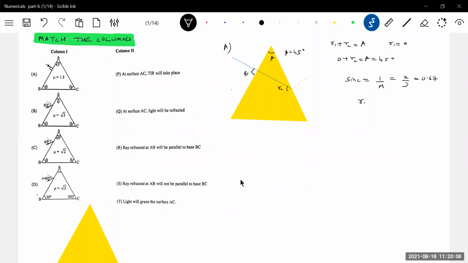Definitely the angle R2 is greater than the critical angle, because 1 by root 2 is greater than 0.67, so the critical angle will be less than 45 degrees, but the incident angle is more than 45, greater than the critical angle. So the ray will undergo TIR.